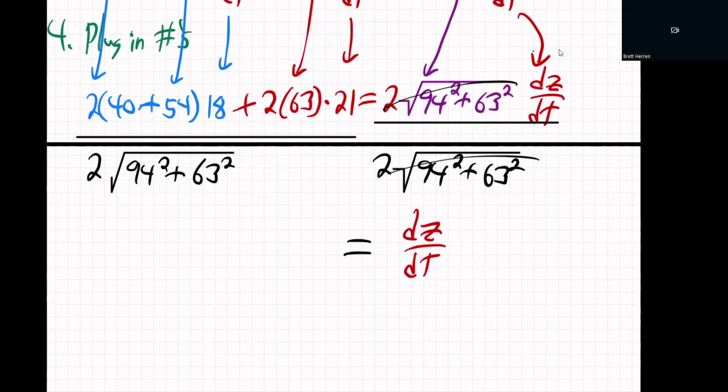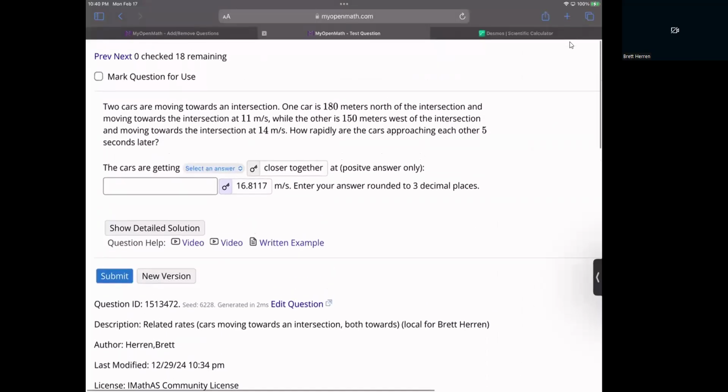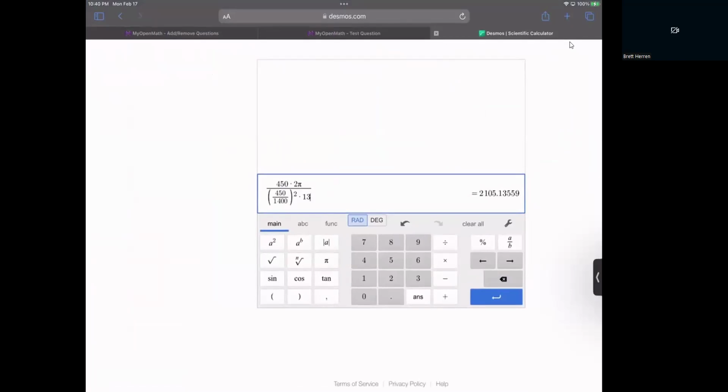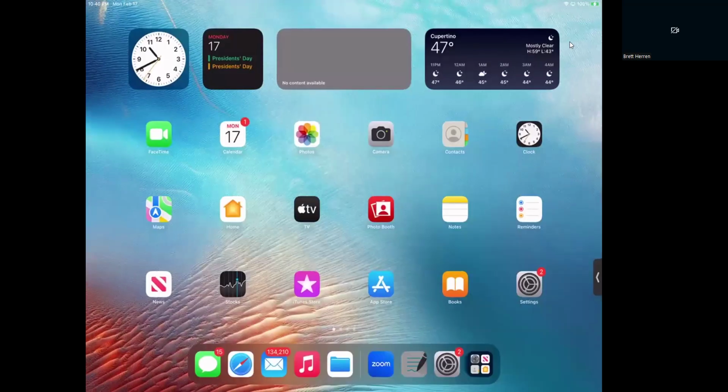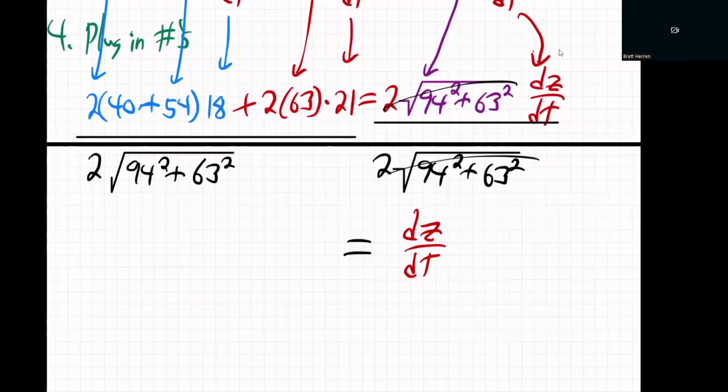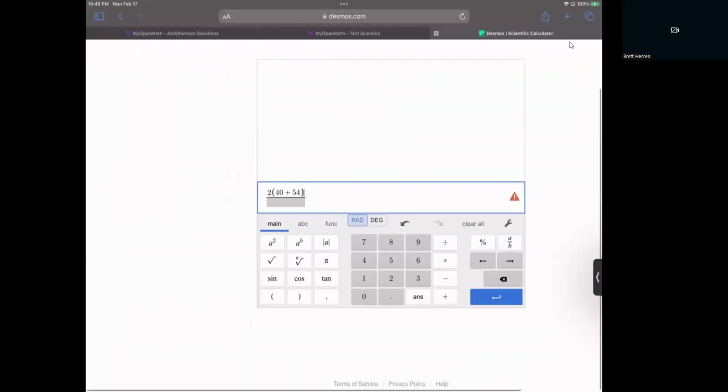2 times 40 plus 54. Let's go to Desmos. 2 times 40 plus 54, times 18, plus 2 times 63 times 21. Did I go too quick? That gives 263.21.